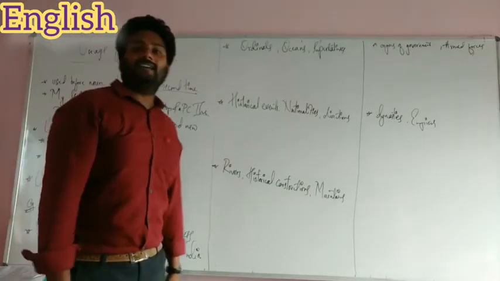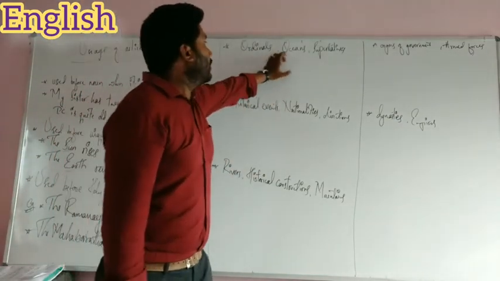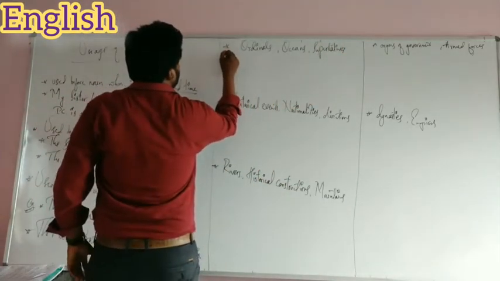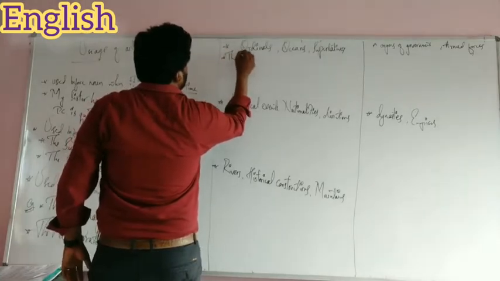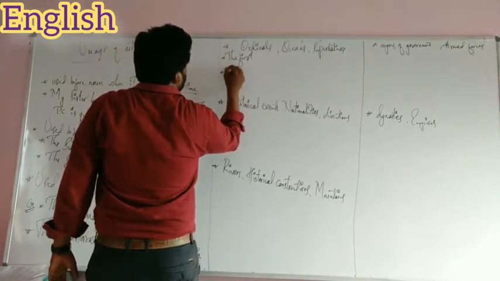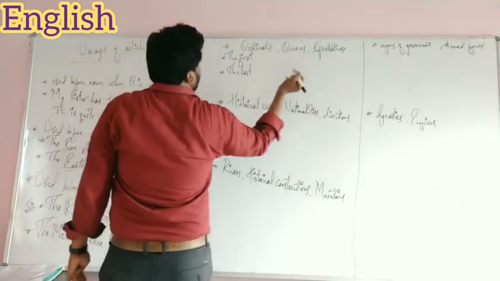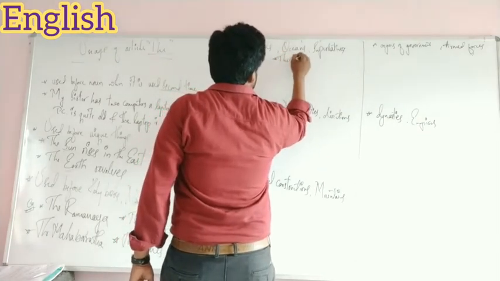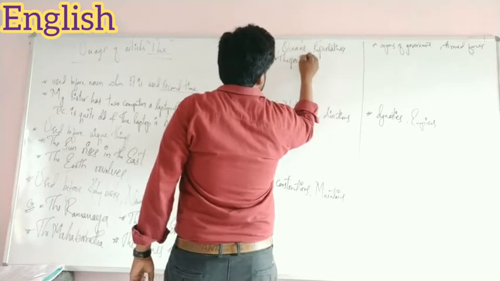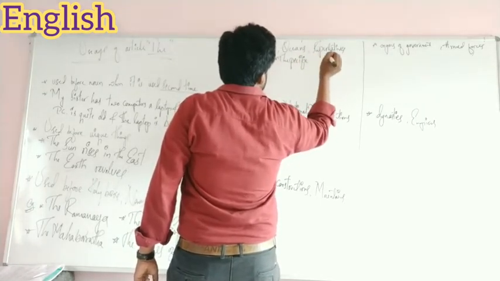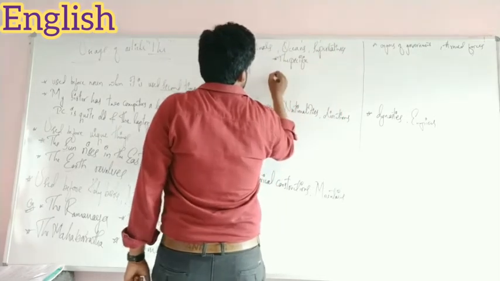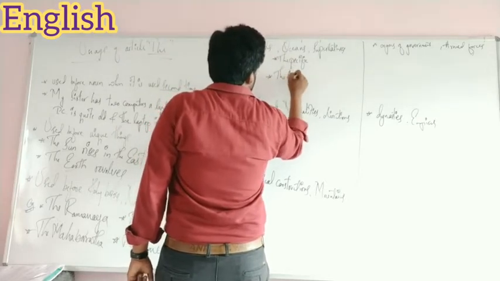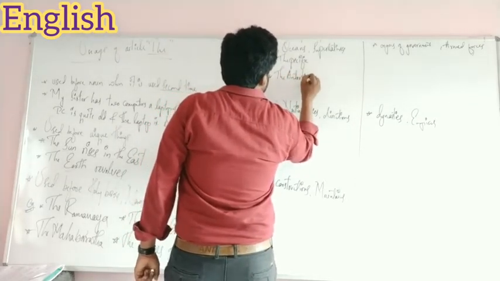Next, the article is used with ordinals, oceans and superlatives. See, ordinals, for example: the first, the last. Oceans: the Pacific Ocean, the Antarctic Ocean.